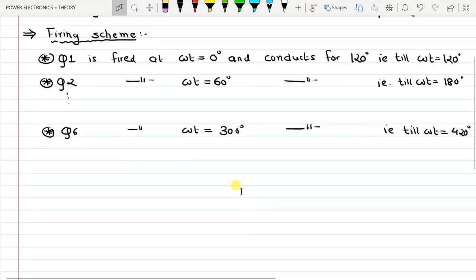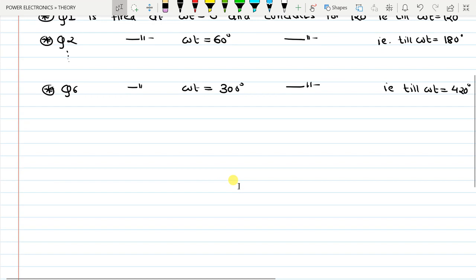all 6 transistors Q1 to Q6, from which we will come to know that during each 60-degree interval how many transistors are conducting and which.